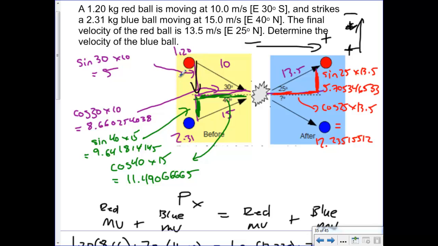So red was going positive, red was going positive, blue was going negative. Oh, actually, I did make a mistake. Justin, you were suggesting that I needed to make the red one a negative number, didn't you? Yeah. Now that I look at this a second time, if I make this a positive and this a negative, then actually this one would have been negative and this one would have been positive. That might slightly change our answer.